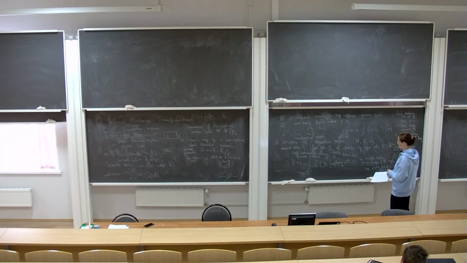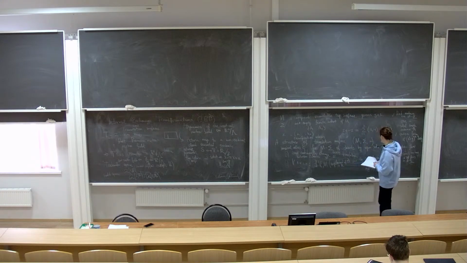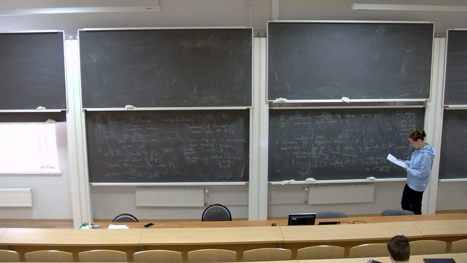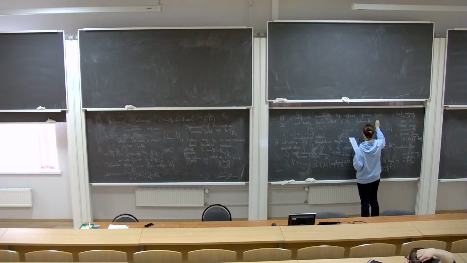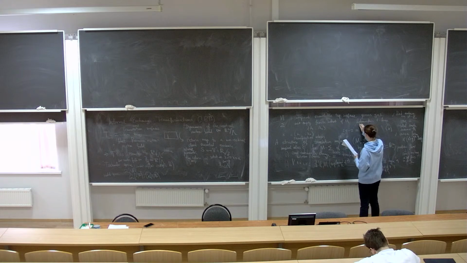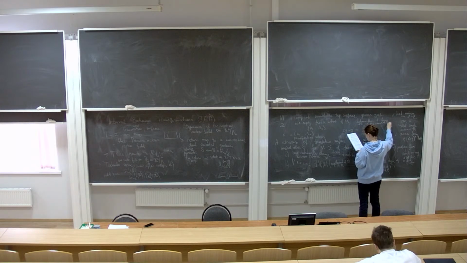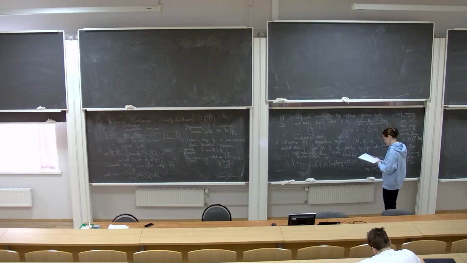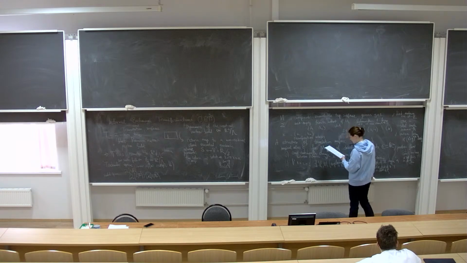What else? Apparently, due to the fact that our surface is equipped with a complex structure, we have also a very important protagonist, which is called the one form. So we have a holomorphic one form, and this one form is simply dz in every chart. But it doesn't vanish on the complement, so at any point, what do we have?